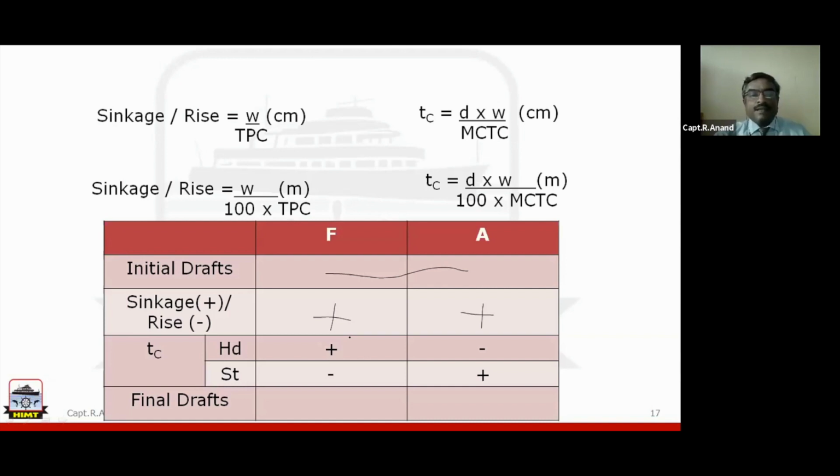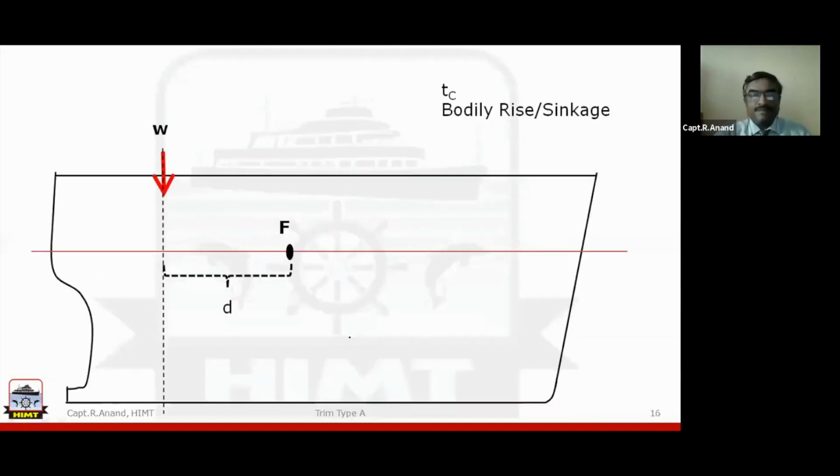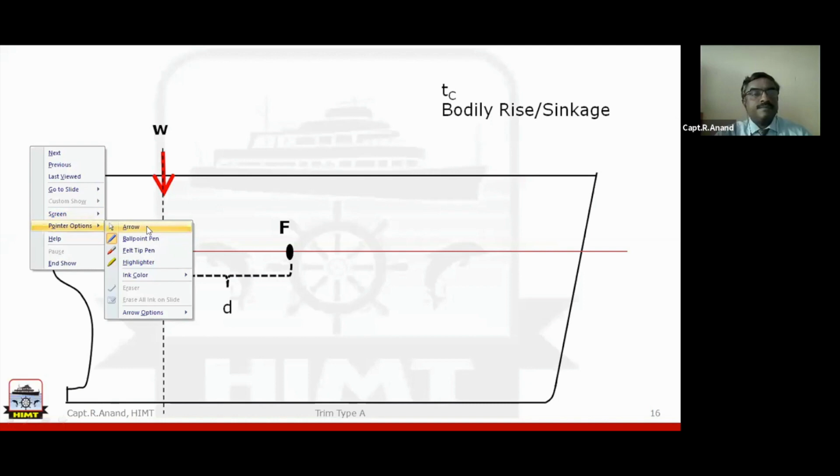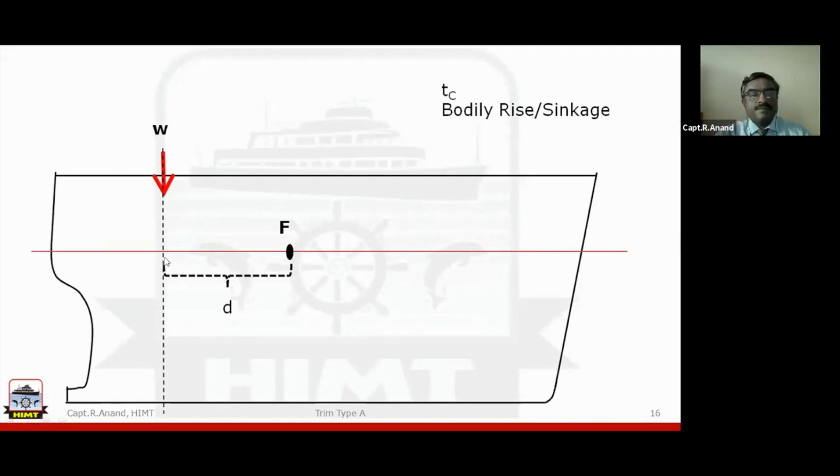Remember, because I loaded a weight aft of the fulcrum, there is going to be a trim change by stern. That means first condition: forward draft will reduce. Second condition: aft draft will increase. It's the second condition, because the trim change which I got was by stern, because I have loaded a weight aft of the center of rotation. So since this weight was loaded aft of the center of rotation, the trim change will be by stern.